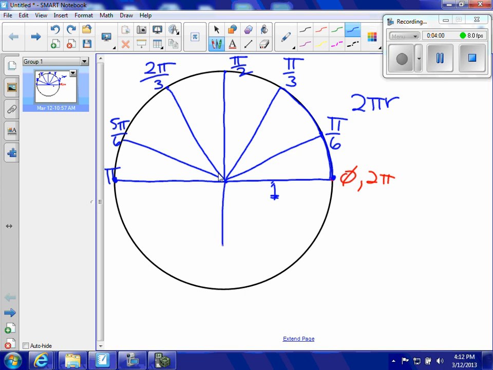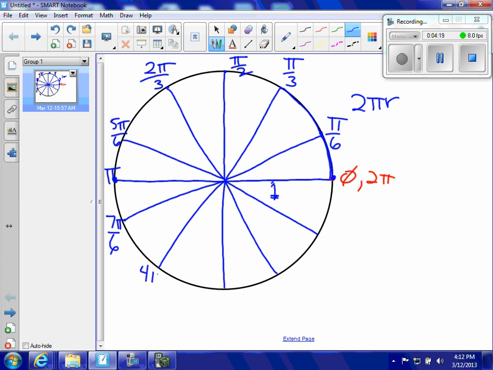Again, I'll divide my bottom half into 6 pieces, as equal as I can. So 6/6 of a pi gives way to 7/6 of a pi. And 8/6 of a pi is the same thing as 4/3 of a pi. And 9/6 of a pi is the same thing as 3 pi over 2.